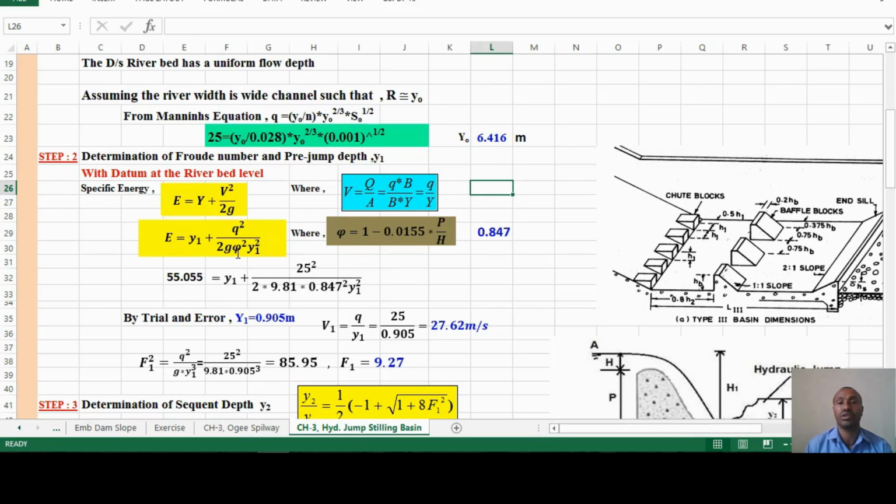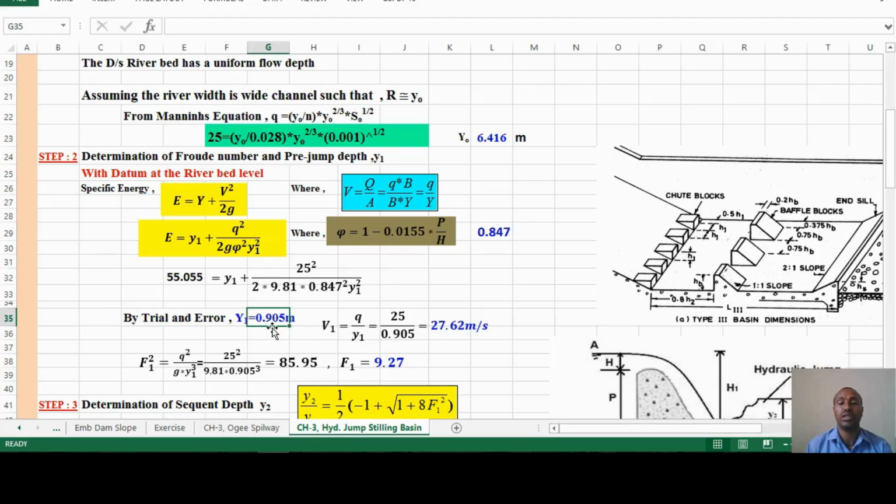Here phi is a coefficient that allows you to calculate the appropriate dimension, where phi is 1 minus 0.0155 times P over H, with respect to the spillway height and the head above the spillway. You substitute here by trial and error, then y1 will be 0.905 meter.